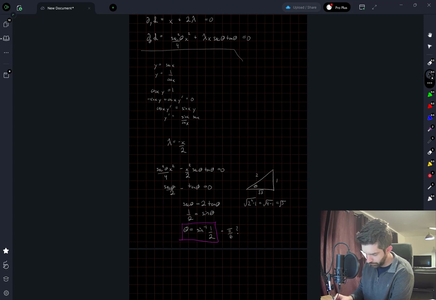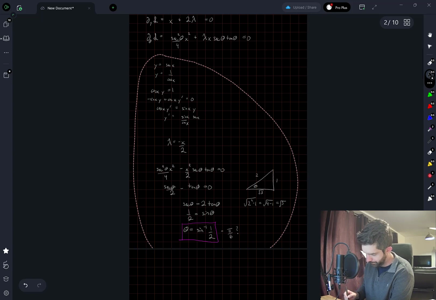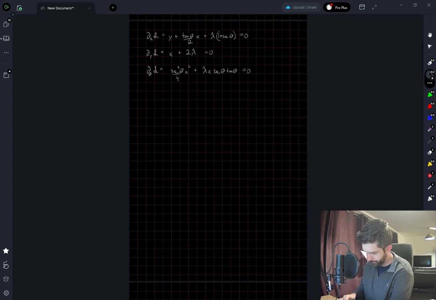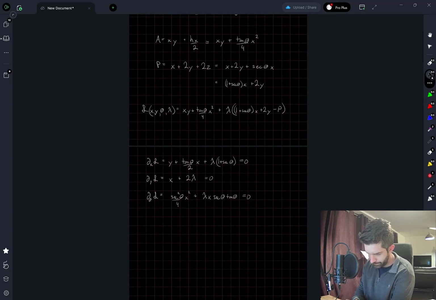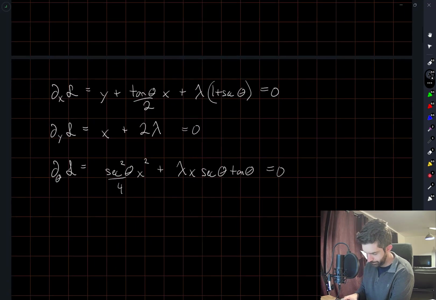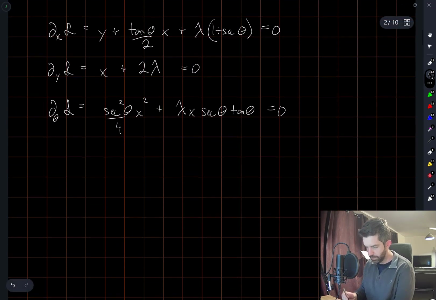I'm going to go all the way back to this set of equations here. Okay, so I have lambda is equal to negative x over 2.